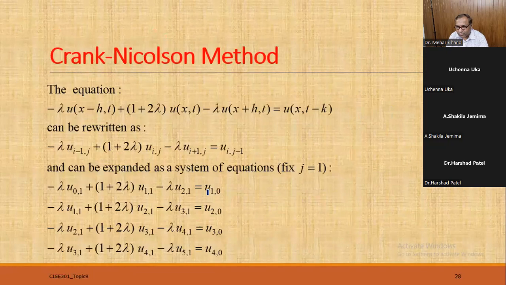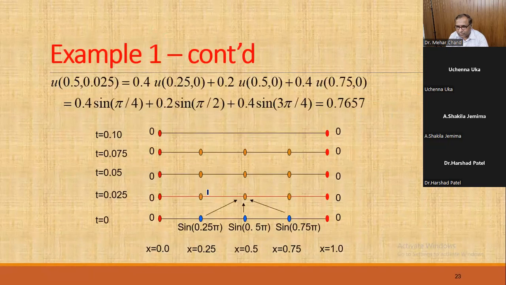The discretization form is this. Suppose our output is the last row. The last row output indicates T equal to 0, X equal to 0, so this value is 0.